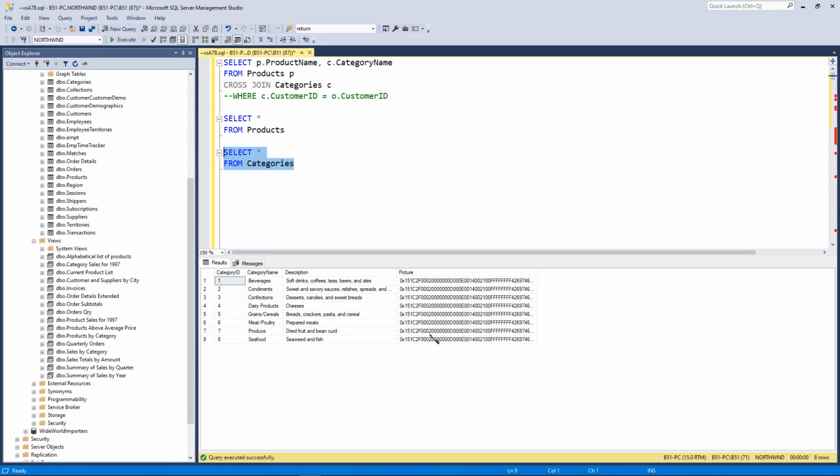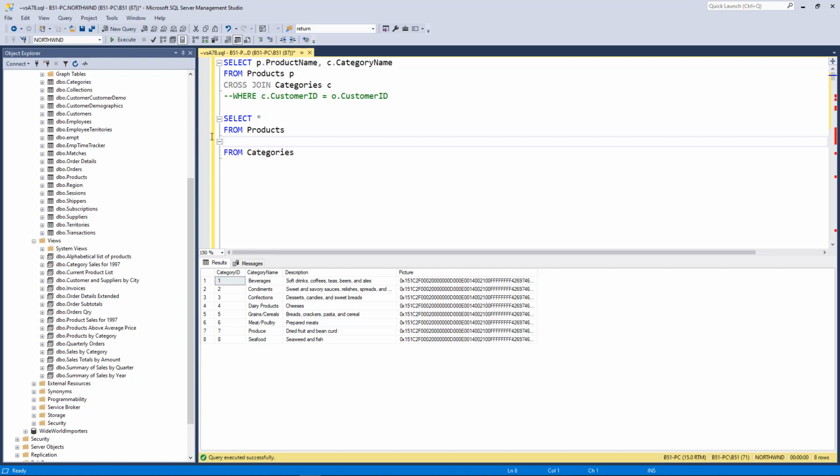The 8 rows will multiply by the 77 rows of the products. So the beverage we will see 77 times if we cross join them. Notice that we don't need to use on because there is nothing that is connecting between them.